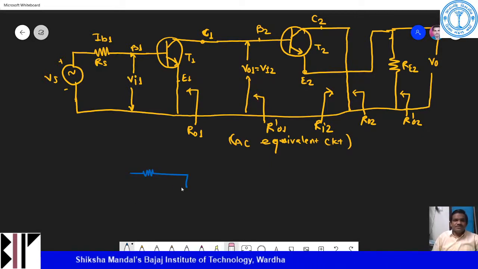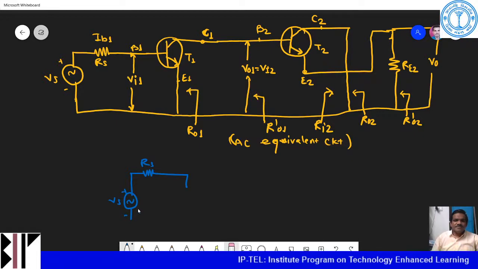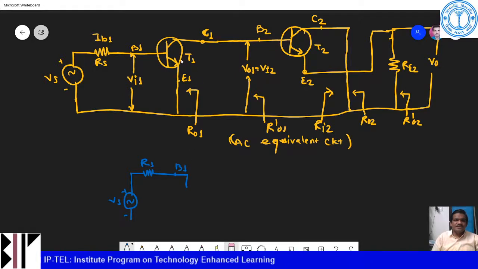So this is my source resistance RS, input Vs plus minus. Okay, and then if I consider this as my B1, now this transistor is there. I need to apply the H parameter model.